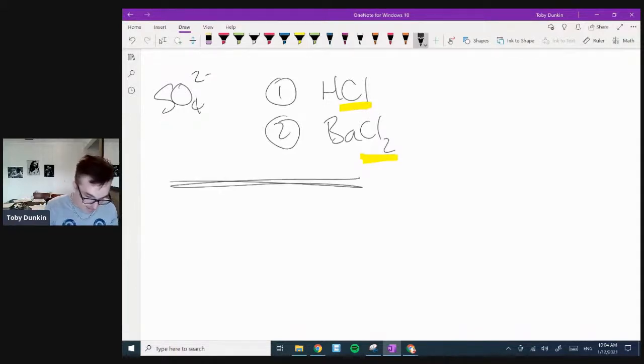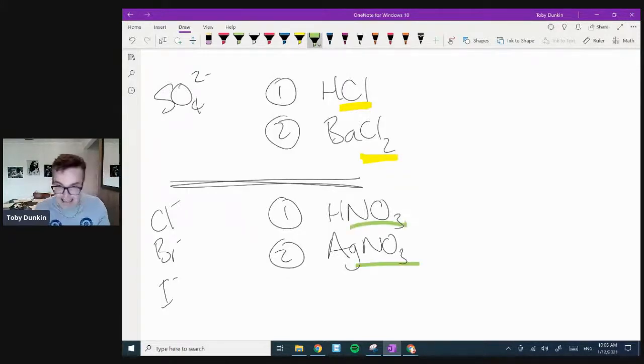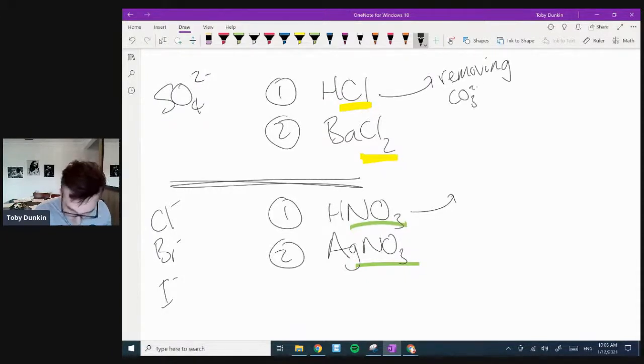In the halide ion test, what do we add? We add number 1, nitric acid, and number 2, silver nitrate. Notice the similarities. We're adding the acid which matches the test, and these are doing the same job. These are removing carbonate ions.